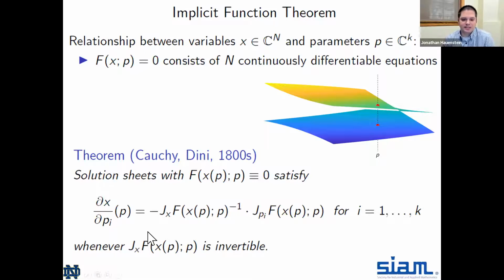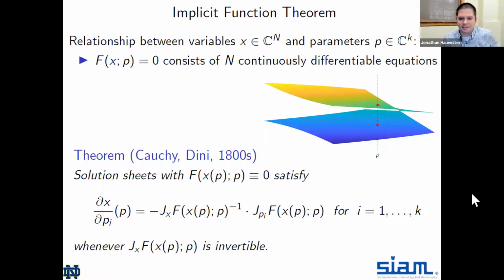The key part of this is you have this inverse Jacobian matrix here in order to set up this system of equations. Of course, it's only valid when the Jacobian is invertible. So at this point here, you have a singularity. The implicit function theorem would break down there. But generically on these solution sets, you have this system of differential equations that describe the relationship of the variables and parameters.